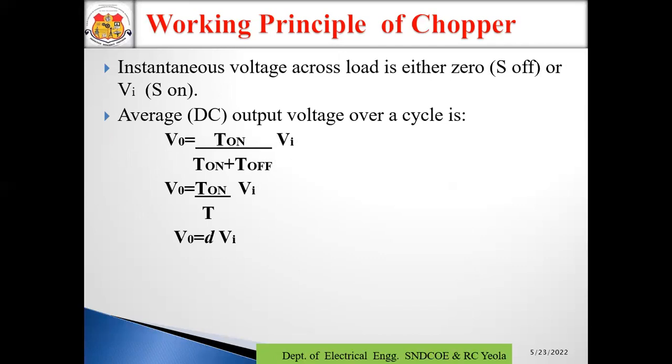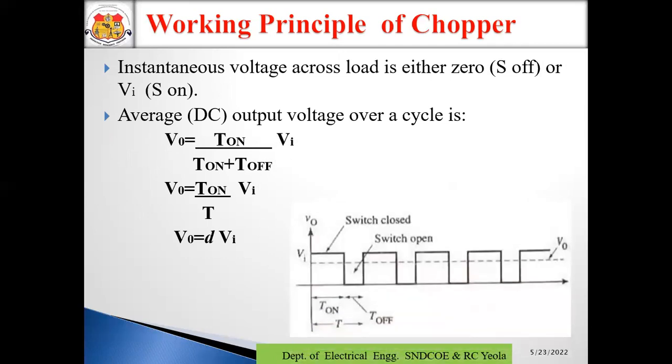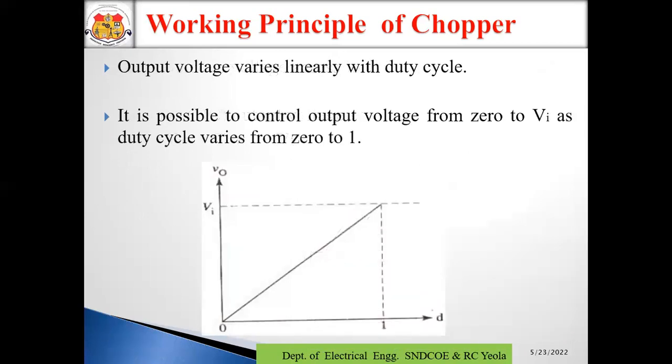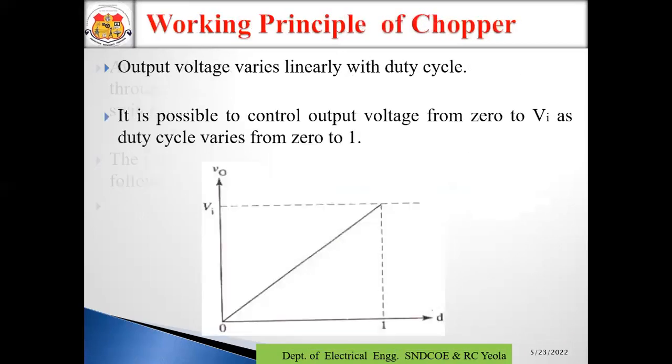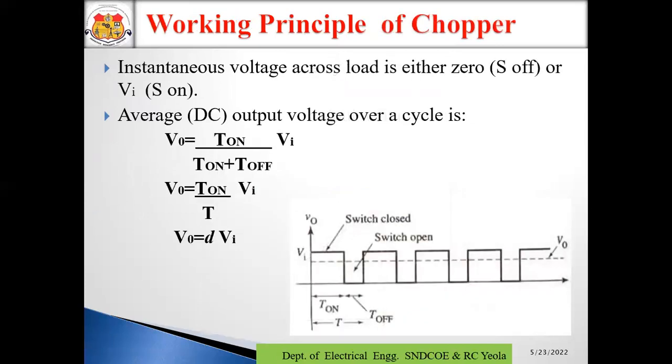Now we can find the value of the average output voltage over a cycle. We can write V0 equals T on upon T on plus T off, into VI.